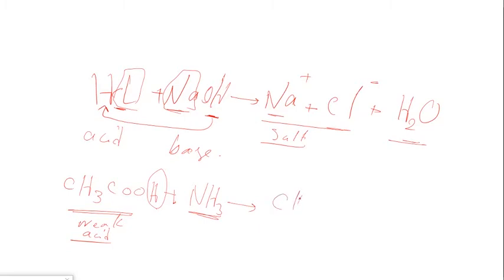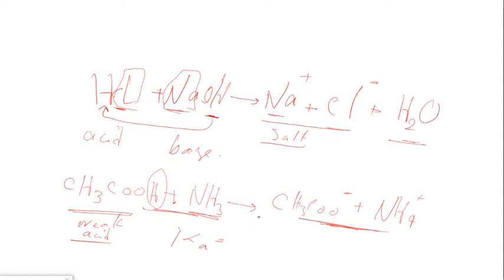You will have CH3COO minus plus NH4 plus. If I wanted to know what is the Ka value of this compound, you will have the concentration of the product over the concentration of the reactant.